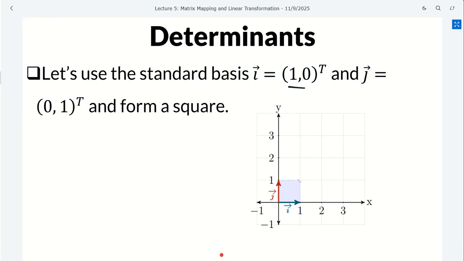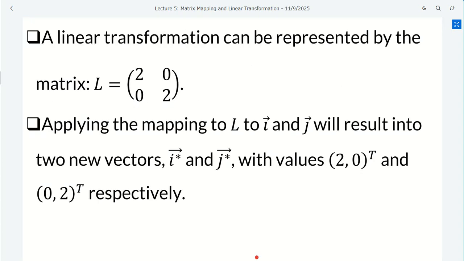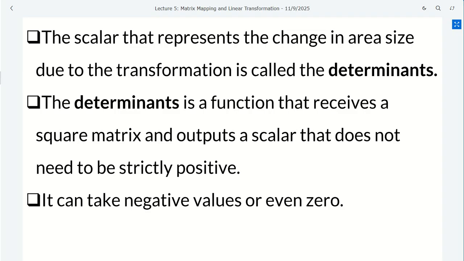If I come back to my axis, that means I'm extending the E1 to this, and the E2 here. Now if you look at my area, the area has increased, isn't it? From this small thing, it has increased to this. So what is the determinant doing?